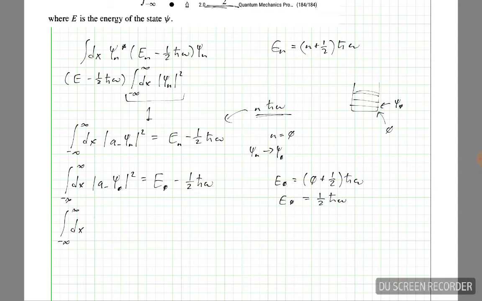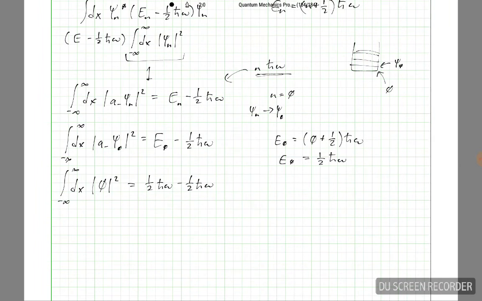So that means lowering operator acting on psi naught is 0. And now we have 1/2 h bar omega minus 1/2 h bar omega, which is also 0.